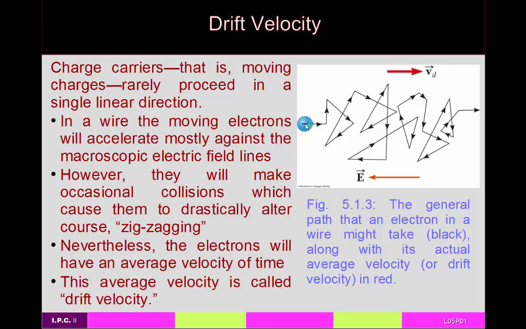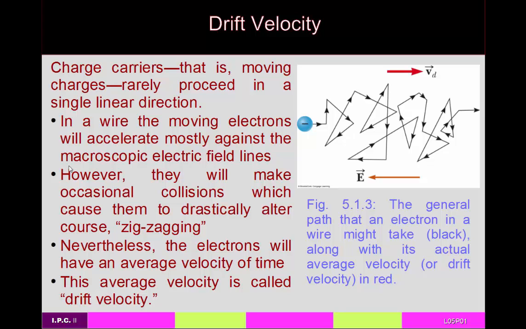So if you average the velocity of this particle over a long enough time, you will find that it is equal to Vd. Delta x over delta t will be Vd. And that Vd, in the case of the negatively charged particle, is in the opposite direction as the electric field line, which is what we would expect.